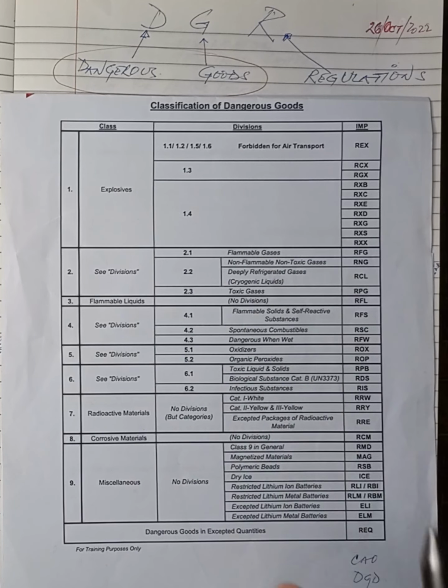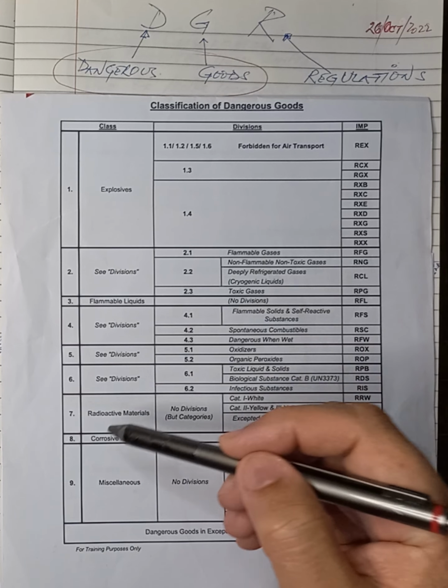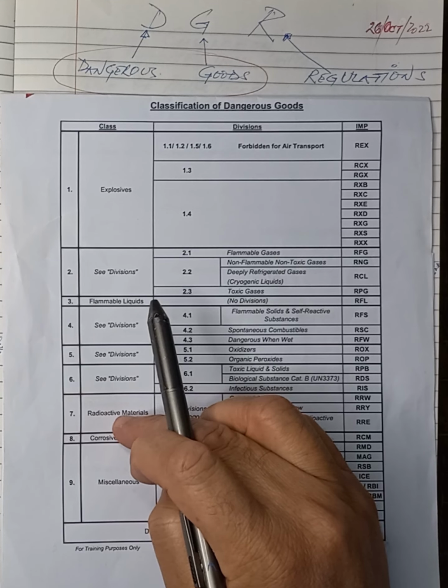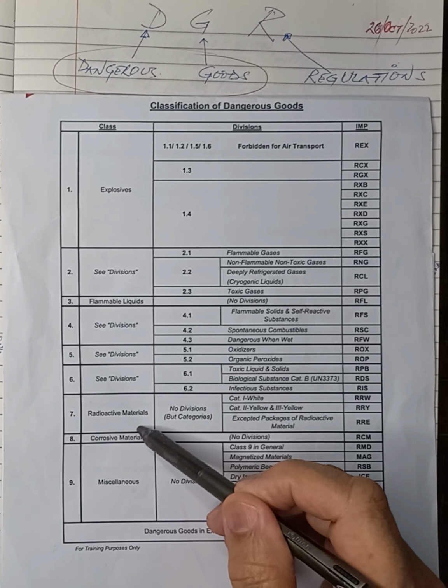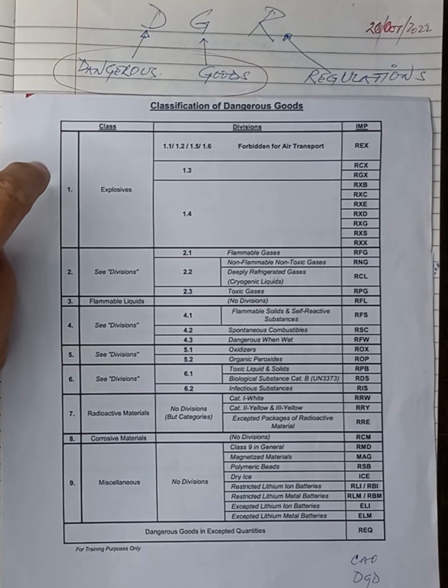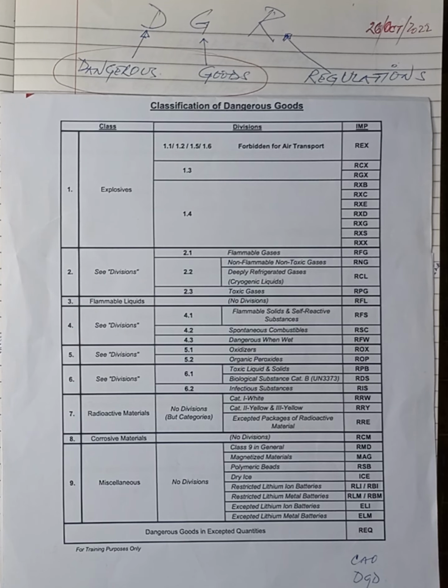You can take all 9 into two groups as well. As you can see, number 7 is radioactive material, and 1 to 6, 8 and 9 are non-radioactive.